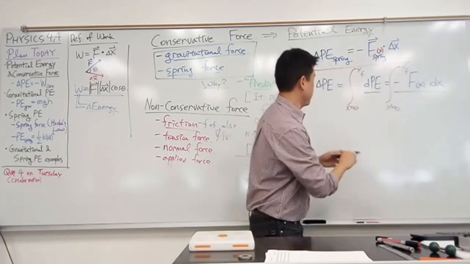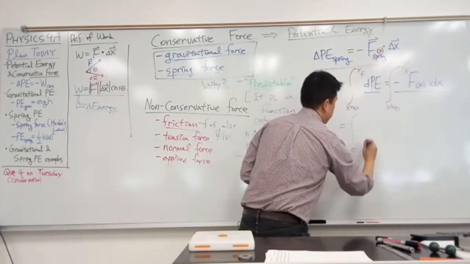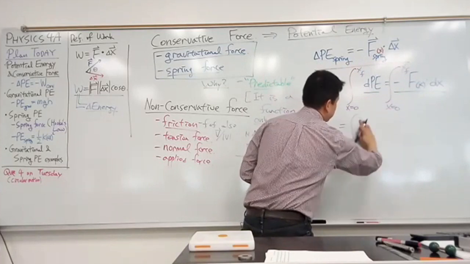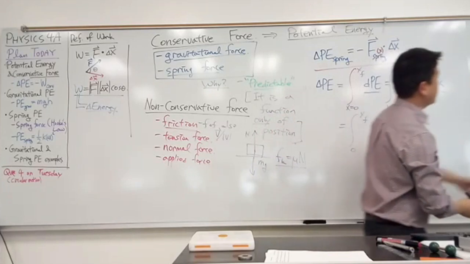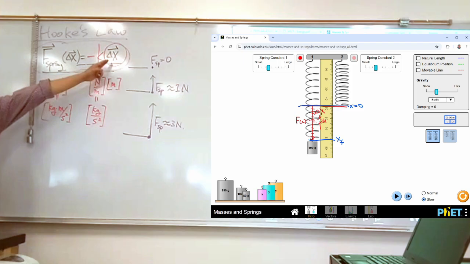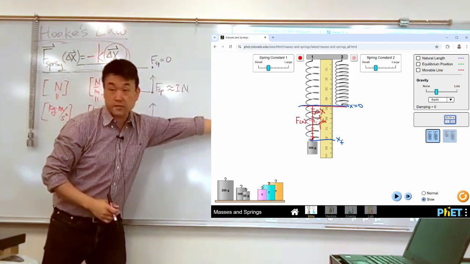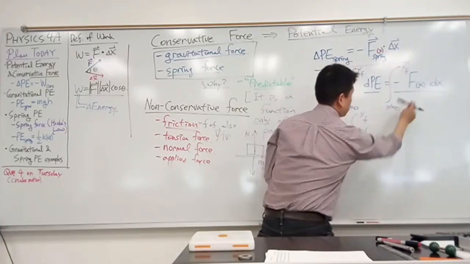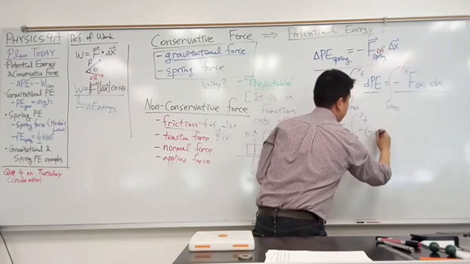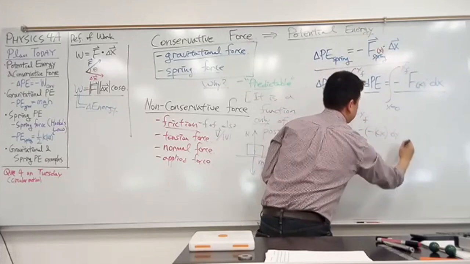The expression for force is minus k times dx. Delta x is just x, since displacement is from 0. So minus kx dx.